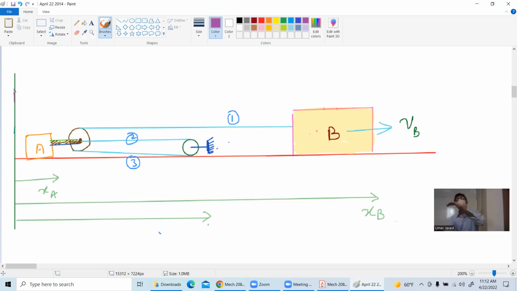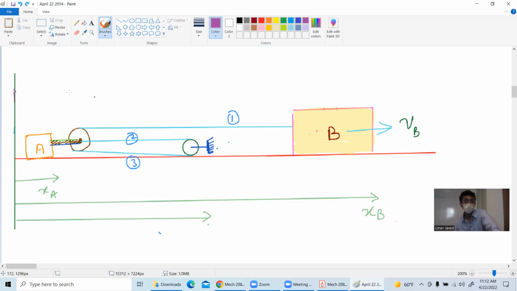What are the rules? Number one, the reference line should not be between the two masses. For example, it is very tempting for a student to put a reference line here. This is stationary, right? It is very tempting, and you can come up with the right answers, but it will become a little confusing. I don't want to get into that.